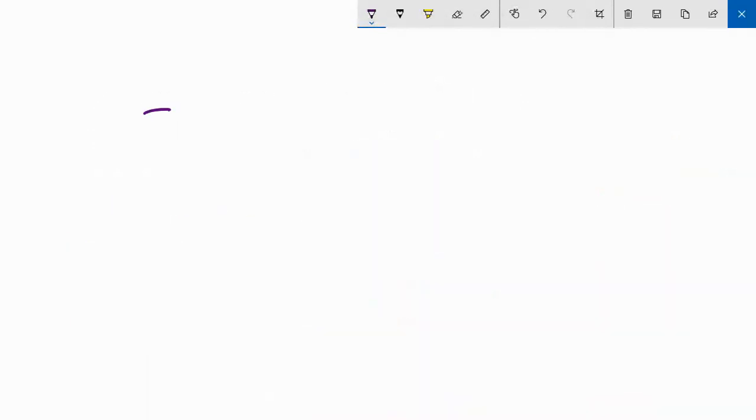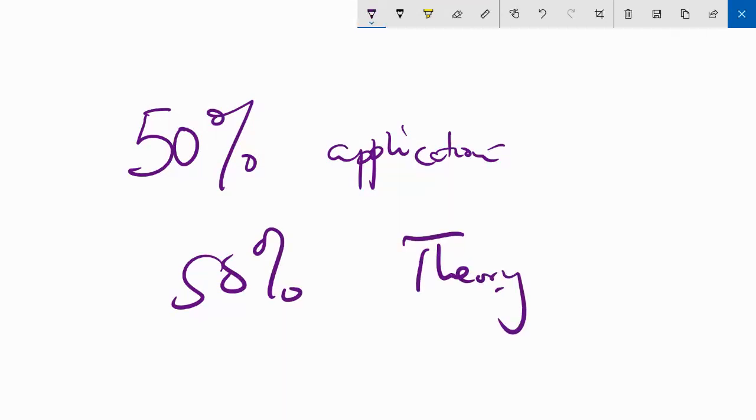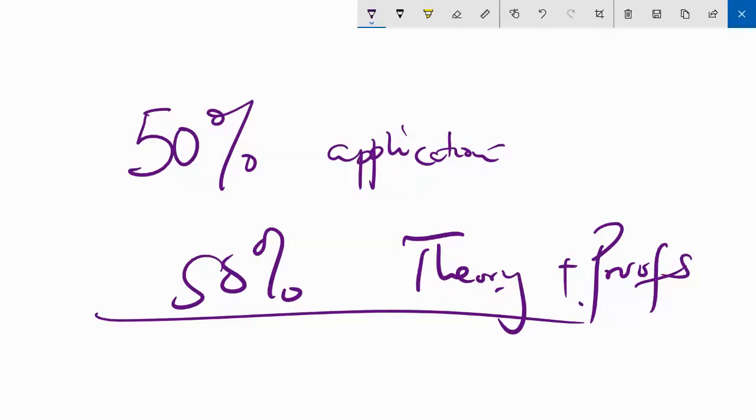Your test, 50% application, 50% theory plus proofs. This is what I wrote from Blackboard, isn't it? This is what I wrote from Blackboard. 50% application, 50% proofs.